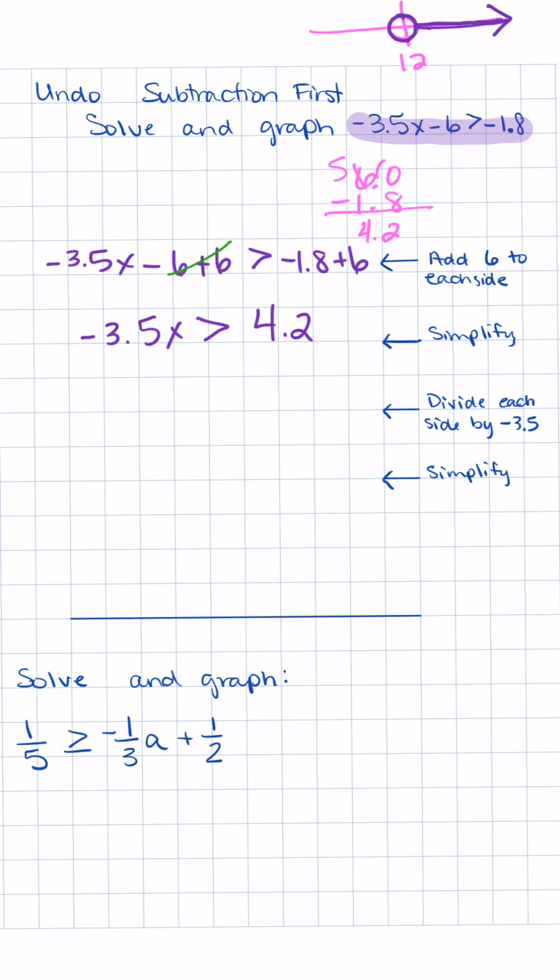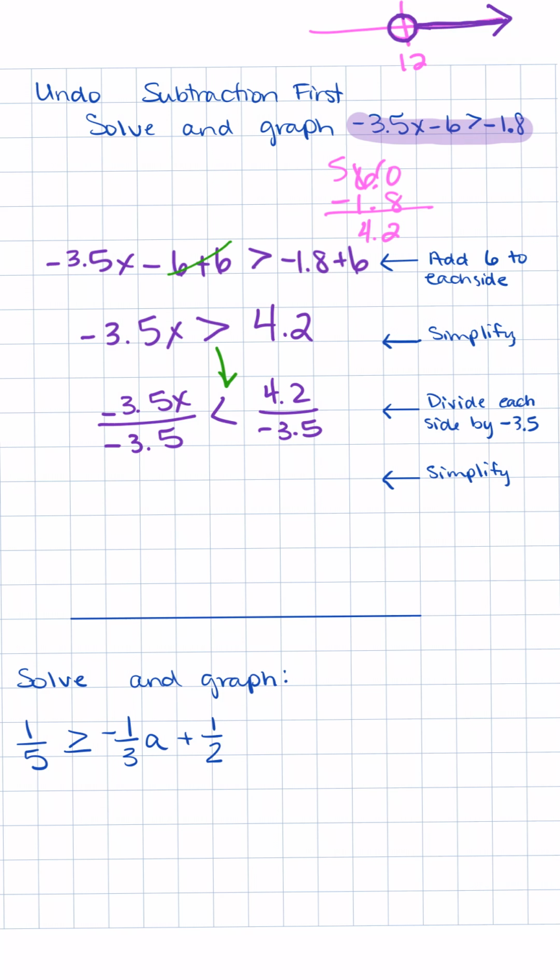So this is one of the tricky parts that you learned yesterday. If we are dividing by a -3.5, this has to get switched around, because we're dividing or multiplying by a negative.